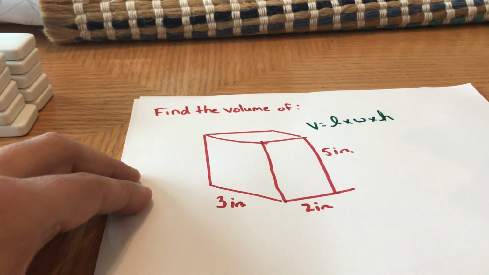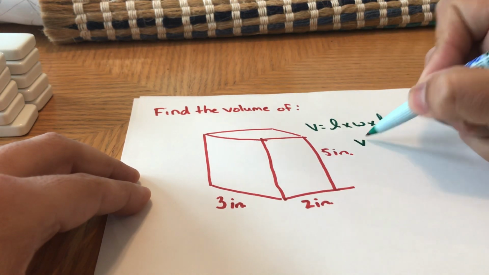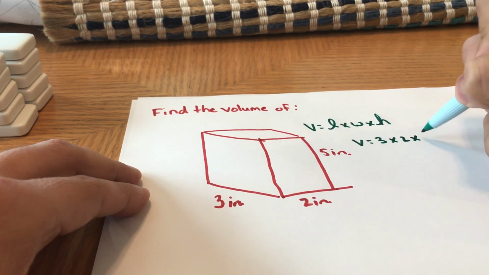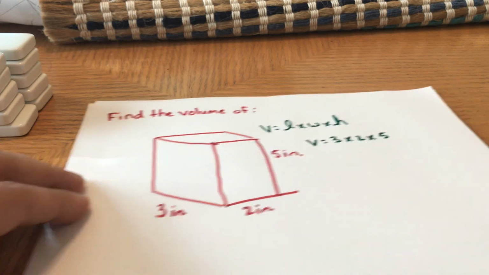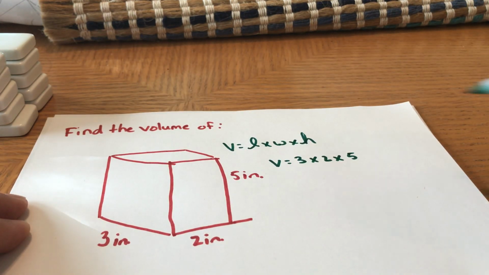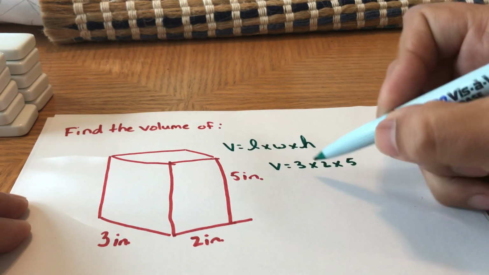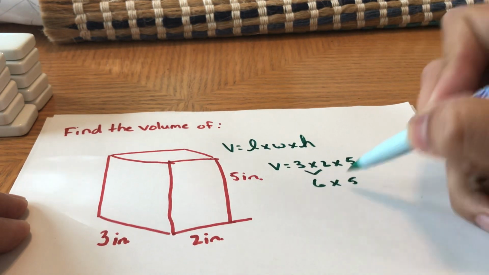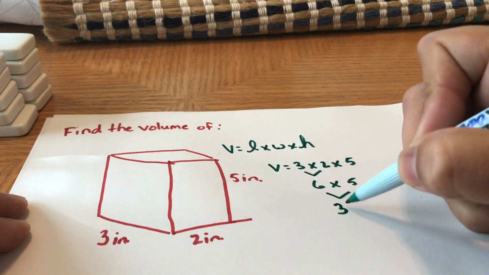That's what the H is for. So on this one, the volume equals 3 times 2 times 5. Then you go ahead and solve. 3 times 2 here is 6. 6 times 5 here is 30.